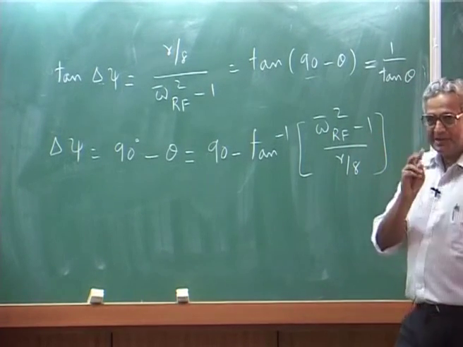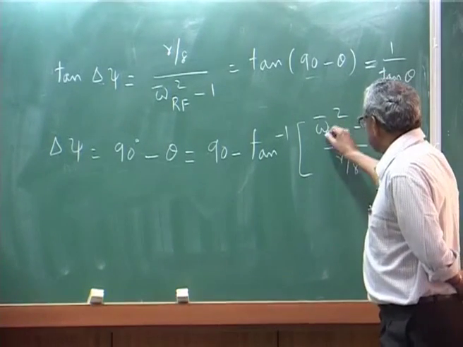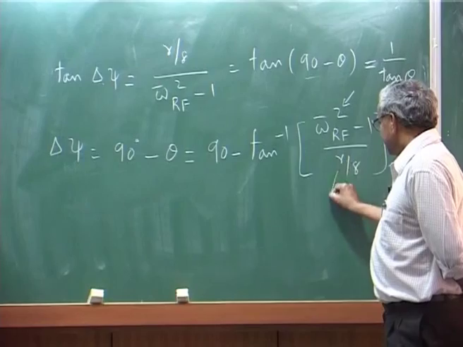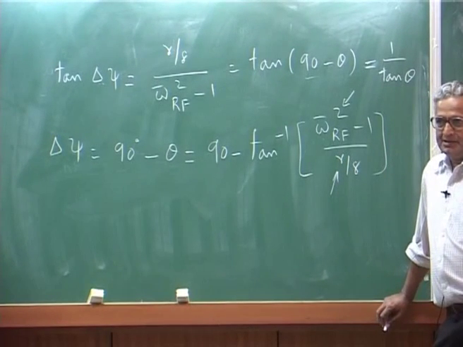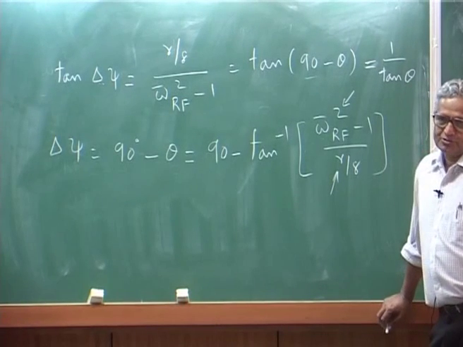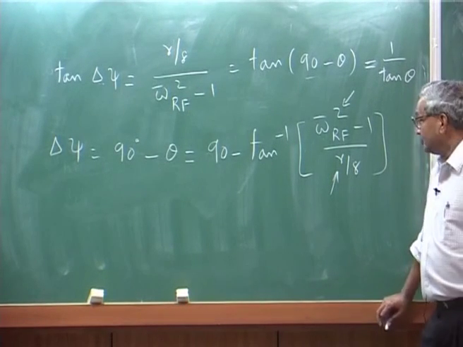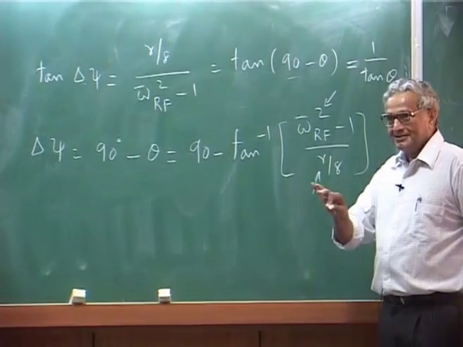Now, you see two parameters are controlling. One is the flap frequency, another one is the Locke number. Okay. Locke number is, you know that it is the ratio of aerodynamics over inertia of the blade. So, both of them influence the coupling.